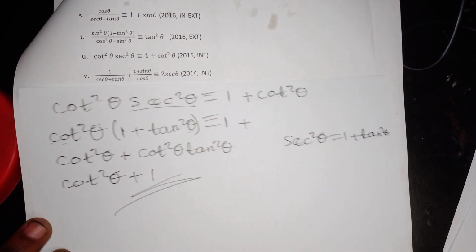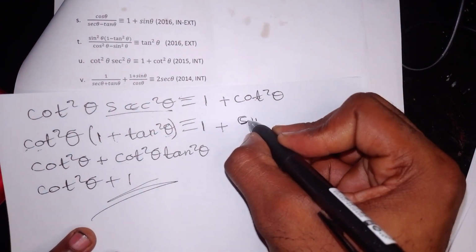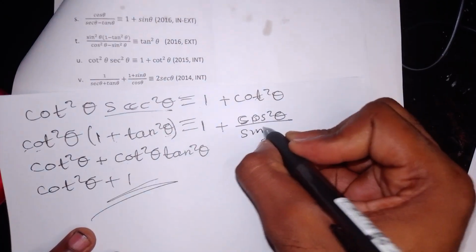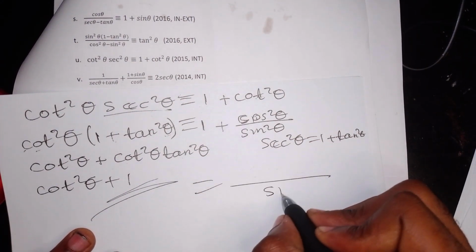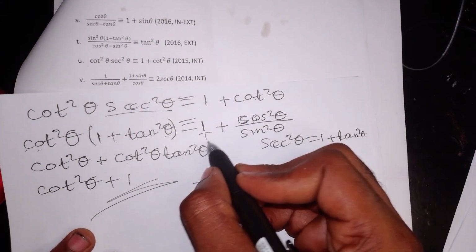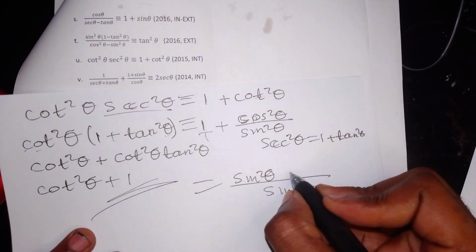And you're done. So if I was to use this side, this would be cos squared theta over sine squared theta. Find the common denominator. I think it was easier this side than this side. So that's a 1. So you have sine squared theta.